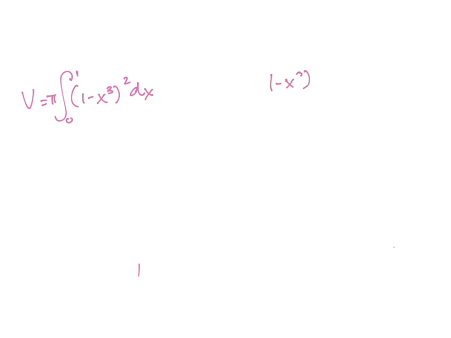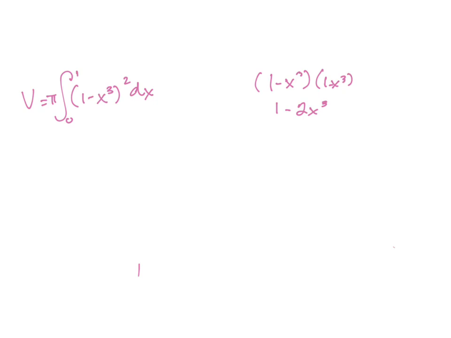Instead, I think it's best if we go ahead and FOIL this out. 1 minus x cubed by 1 minus x cubed. That's going to give me 1 minus 2x cubed. Do y'all see that? I got a 1 and a negative x cubed and another negative x cubed, so I'm calling them negative 2x cubed. No u sub here because there's nothing that would cancel with the 2x or the 3x squared.